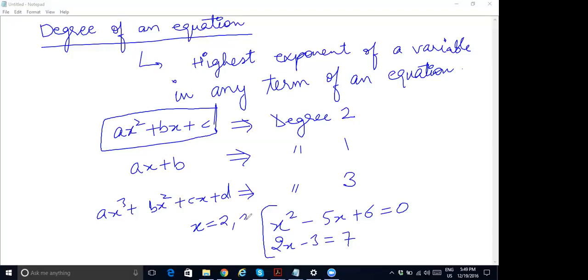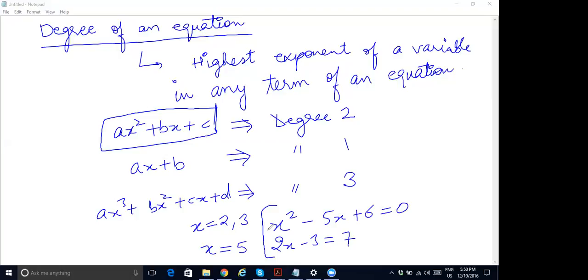Very good. How many values of x are you getting? 2. When the degree is 2, you are getting 2 values of x. The number of possible solutions is given by the degree of the equation. If degree is 3, you will get 3 possible solutions. If degree is 2, you will get 2 possible solutions.